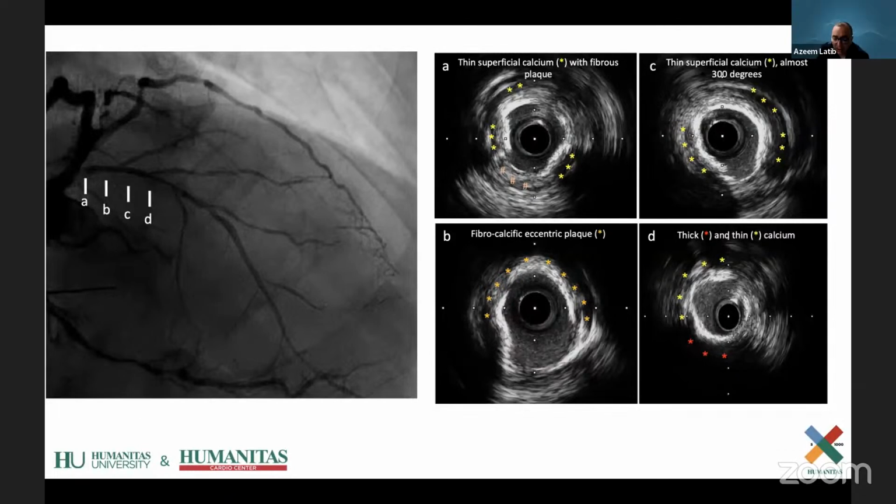Right. I do think that when you do this kind of case, you should be concerned about what can happen. When I do a rota case, I already have things drawn up on my table. I have a little bit of epi, adrenaline, in case the patient's blood pressure starts dropping or has no reflow, and I get the nipride ready.